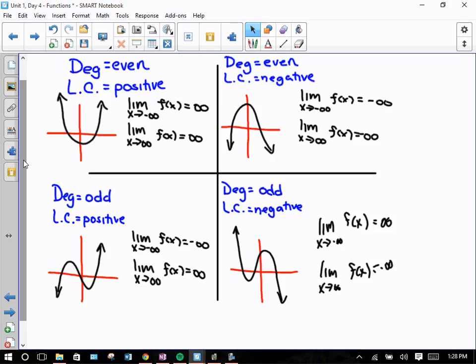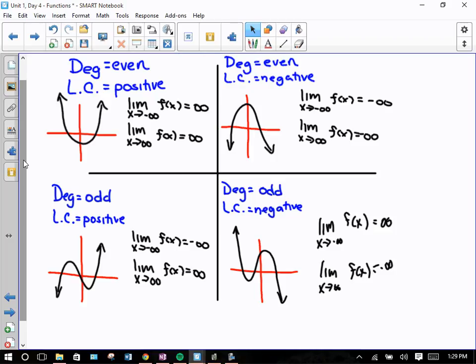So here's the thing: these are polynomials. They go up to negative infinity and positive infinity, or whatever. You're going to have functions that don't do that. You're going to have functions that go to a specific value. The end behavior might be 2. The end behavior might be -1. Might be 0.